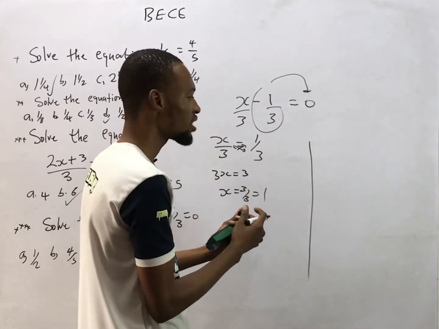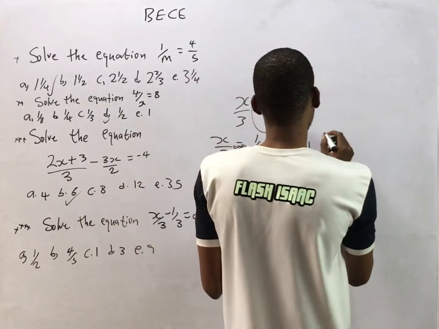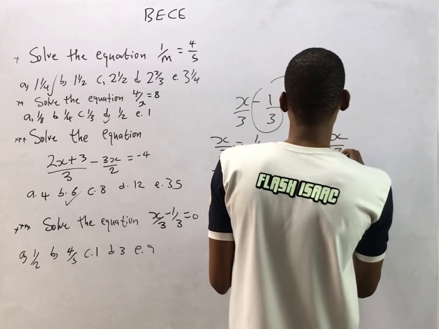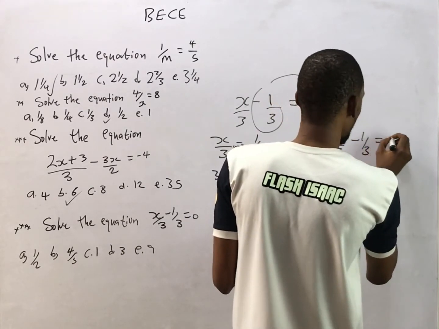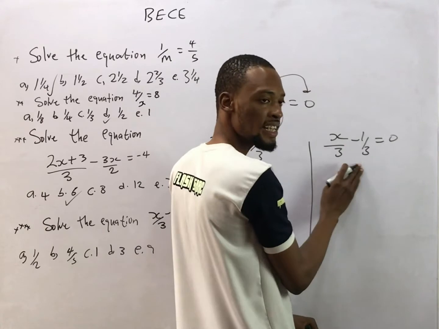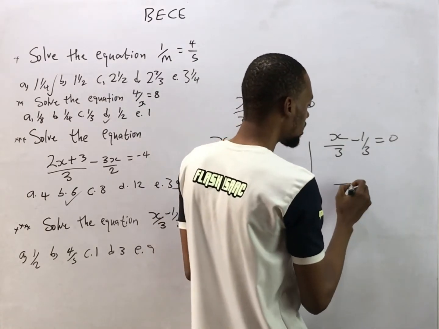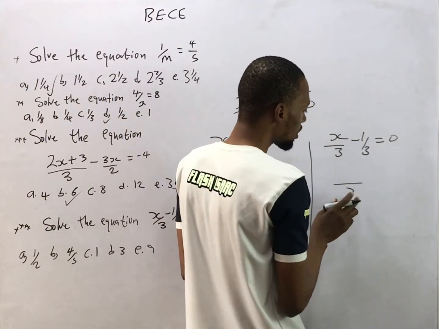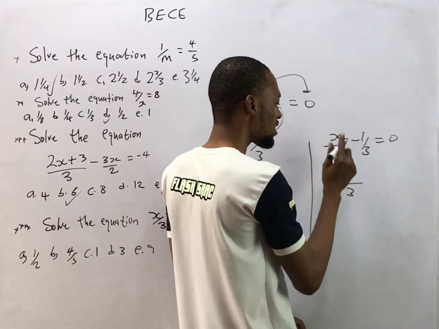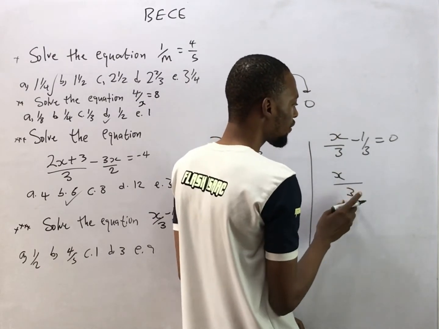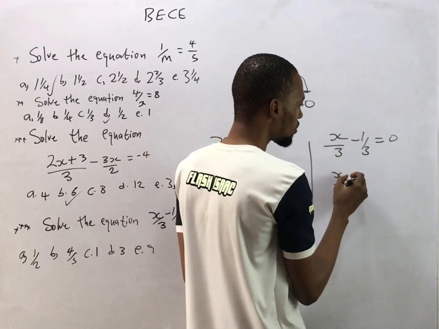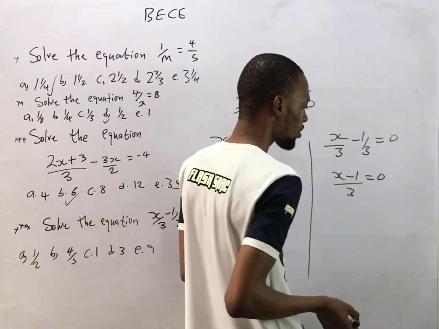You can do it this way, or you come here and say s over 3 minus 1 over 3 is equal to 0. So you can choose to look for the LCM here, so that the LCM is 3. 3 divided by 3 is 1. 1 times s is s. 3 divided by 3 is 1 times minus 1 is minus 1, is equal to 0.